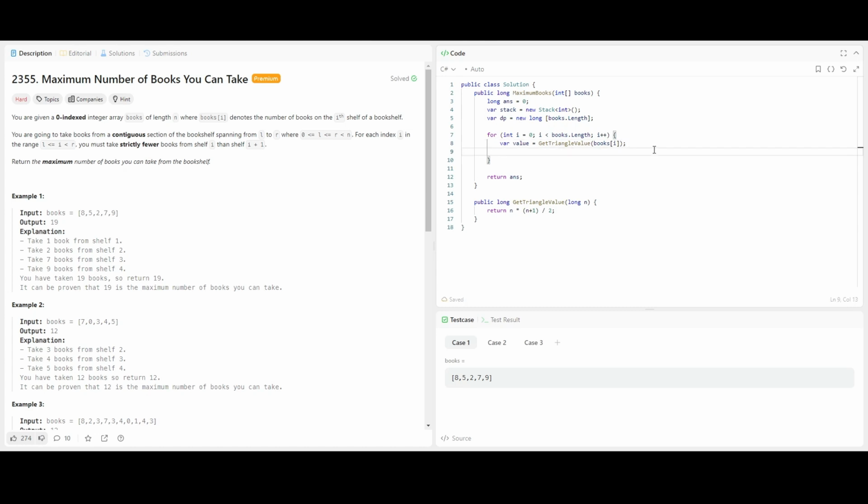And for each triangle value, you want to compare it to the last stack value to get a subsection. So the last good triangle index is the top of the stack.